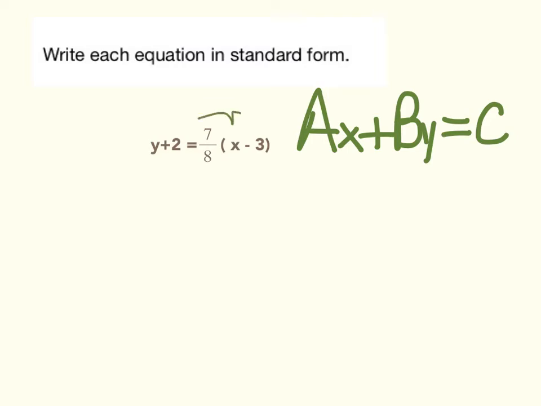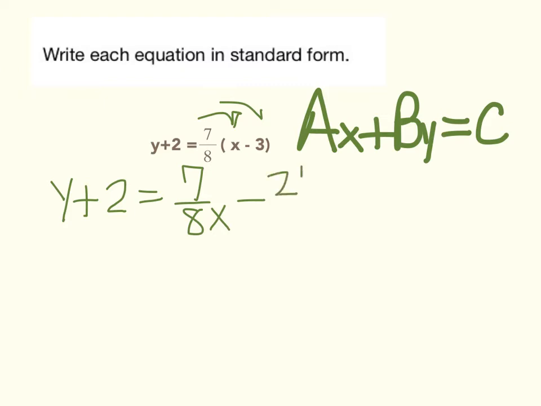Okay? So I have y plus 2 equals, well, 7/8 times x is just 7/8 x. And 7/8 times a -3 is negative 7 times 3 is 21 over 8, and that cannot be simplified.